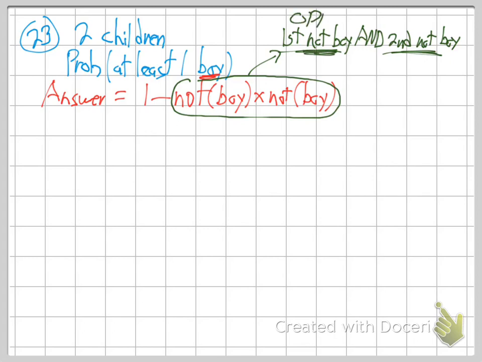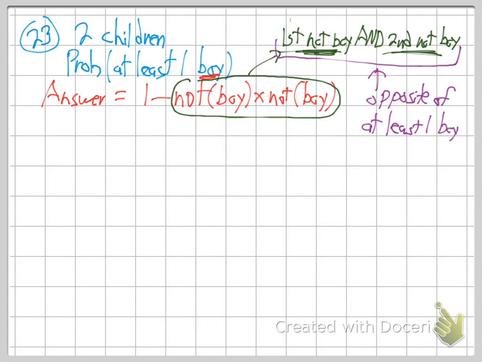This is the opposite. Let me write it right here. This here is the opposite of at least one boy, right? The opposite of having at least one boy is having no boys, right?